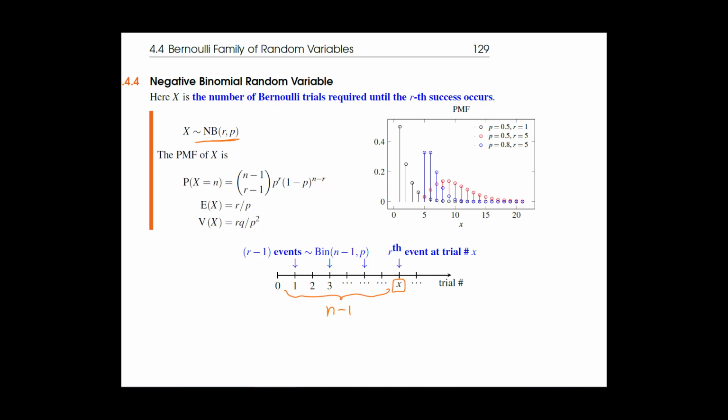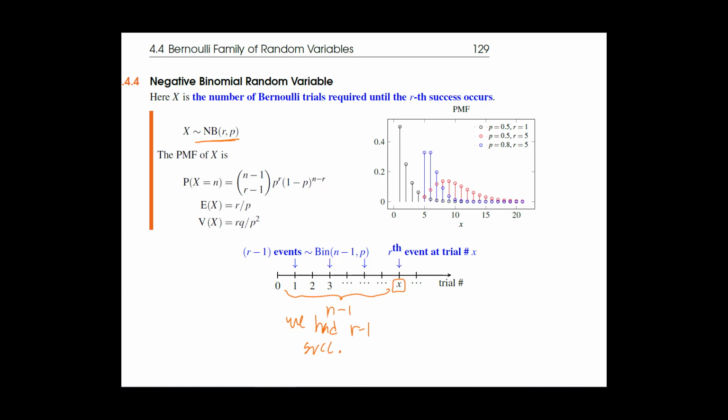So we had r-1 successes. Okay, so that's pretty much the logic. Same as the geometric, remember?